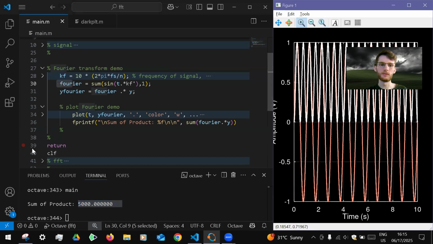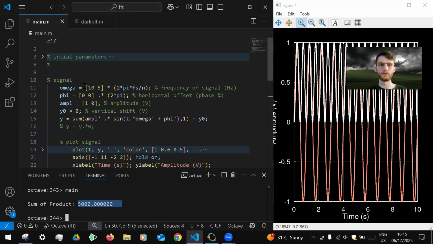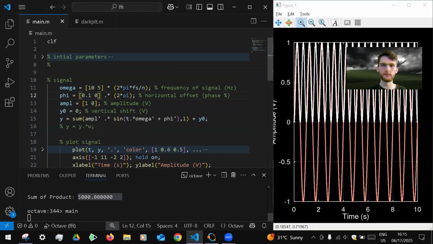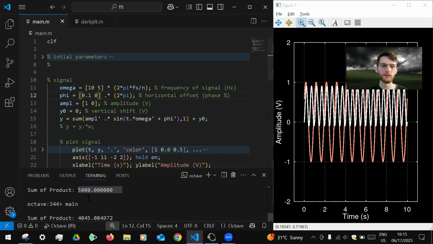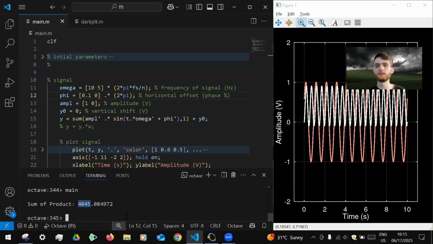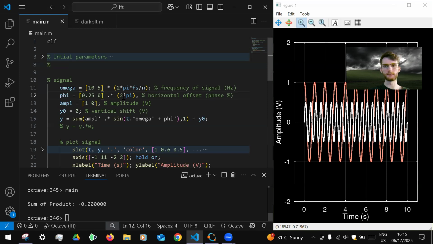Now this will decrease if I slightly shift my original signal. Let's say that it is just a little bit off. Now my area is no longer 5,000, it is 4,045. And let's just completely shift it by a quarter of 2 pi, which is pi halves, which then transforms this into a cosine wave.